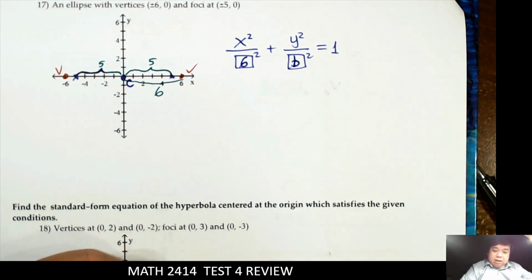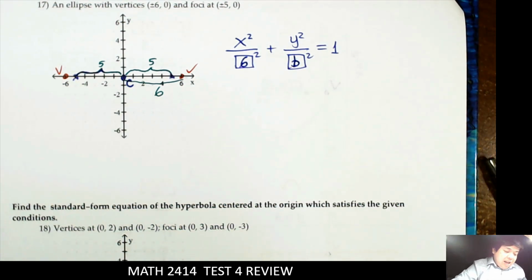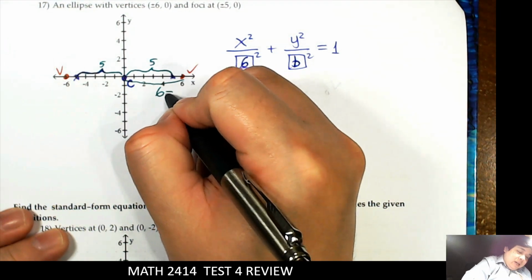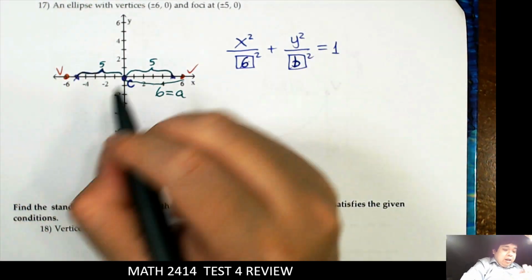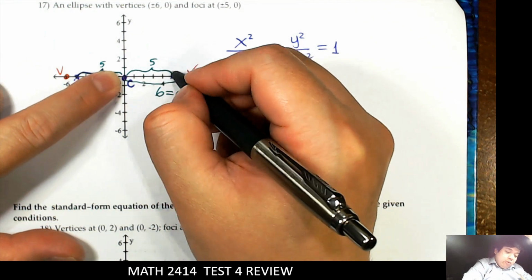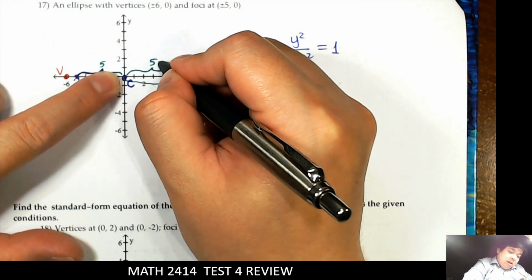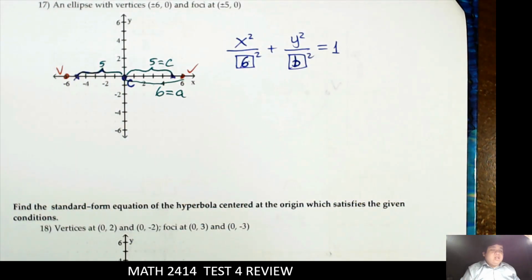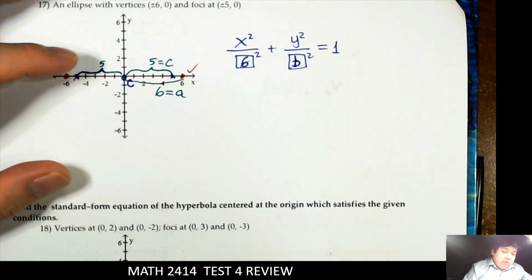Next, from the center to the vertex, that distance is going to be a. So that is a. And the distance from the center to a focus is going to be 5. So that is c. So what is the relation between a, b, and c here? One thing we know is a is the biggest one of them all.